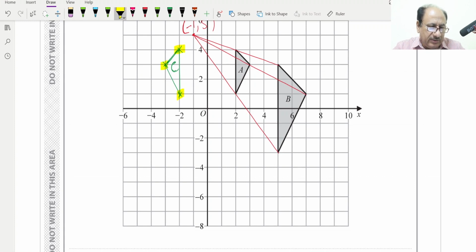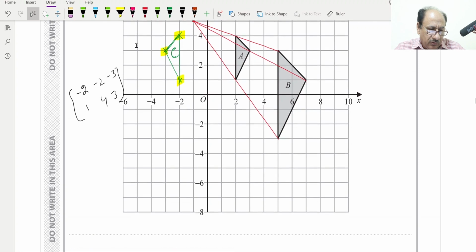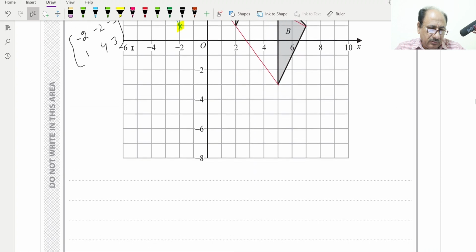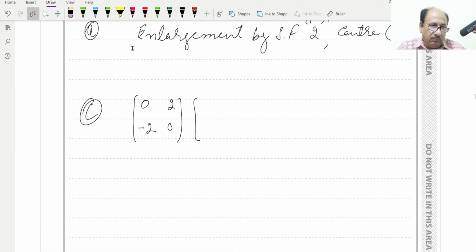So we will write this in the form of a matrix, and that matrix will be minus 2 1, minus 2 4 and minus 3 3. We will write this matrix over here, on top, and we will multiply it. So I'll write it like this: minus 2 and 1, then minus 2 and 4, and minus 3 and 3, and this will be the matrix.